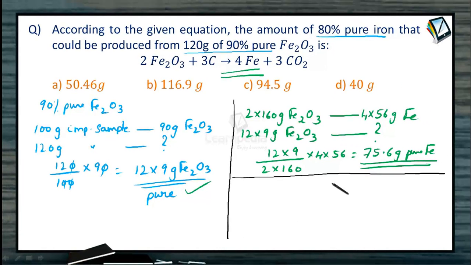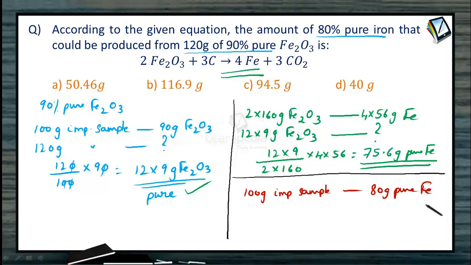Remember one thing, we are not calculating the amount of pure iron formed in this process. We need to calculate the amount of 80% pure iron. So what's the meaning of 80% pure iron? It is an impure sample. So when we take 100 grams of impure sample, it should contain 80 grams of pure iron. That's the meaning of 80% pure iron.